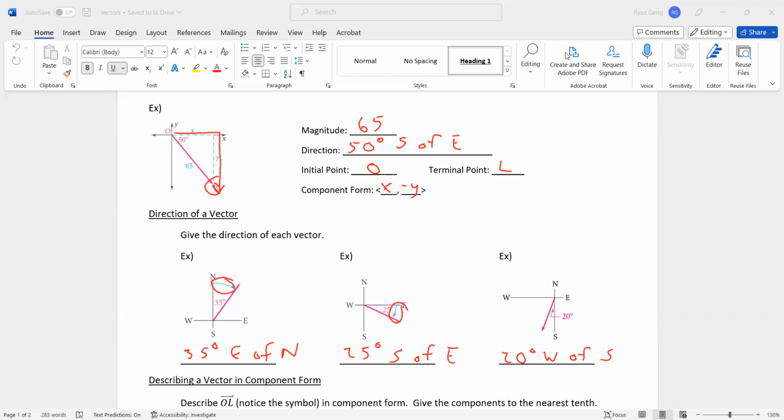So you say which direction you're traveling first, and then you finish it up with where you started. So the first one, I'm traveling east of the north where I started. On the next one, I start on the east and I'm traveling south of where I started, east. You'll get a chance to practice that a lot more with the practice for this lesson.